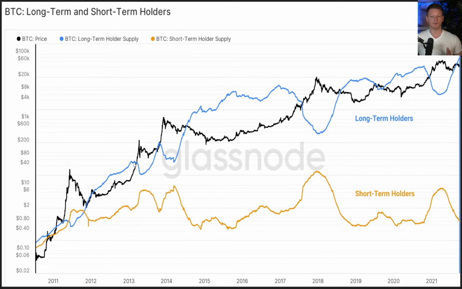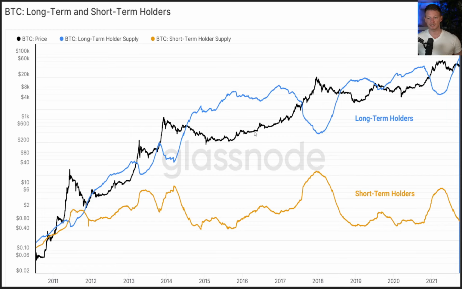Okay. Look at what happens to the long-term holders once we get into bull market phases. Notice this line starts to go down. Then we reach our first peak in 2013. Then right before our second peak, this starts to go down. Then we go into a bear market when no one cares about crypto anymore, except the long-term holders.